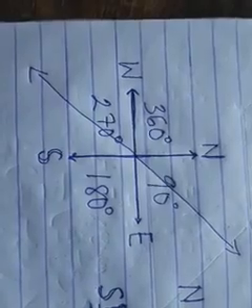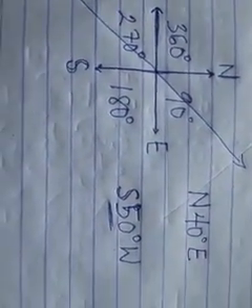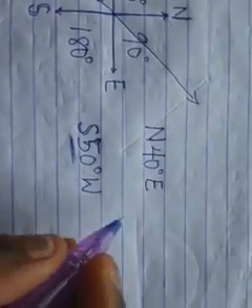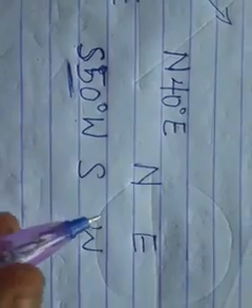Have you seen that? Now there's something you need to know. The notations for bearing, we always start with north and south. The notations for bearing, we never start with east or west. What I'm trying to say here is the notations for each bearings, we never start with east or west.